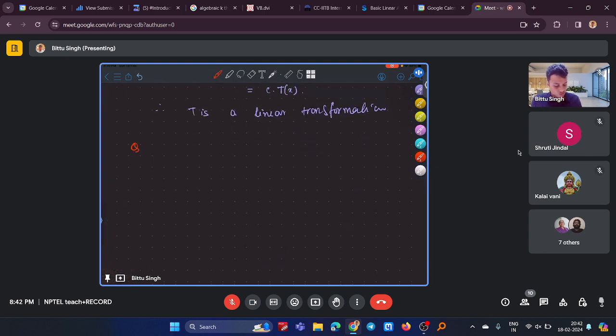Now, consider this operation. T maps R to R. Instead of stretching, let us shift. Define T of x as x plus 4, that is, shifted by 4. Then, is it a linear transformation?